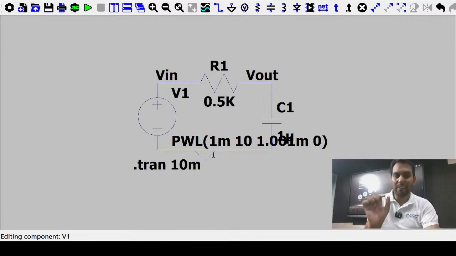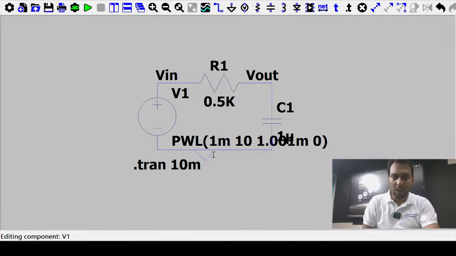Because 0.5 is the time constant, and 5 tau becomes 2.5. After 1 millisecond it will be 3.5 if you add the 2.5 millisecond. I am taking 5 millisecond, which is more than enough. You have an extra 1.5 millisecond for the output to reach the maximum voltage.